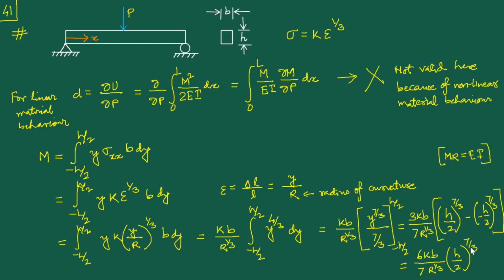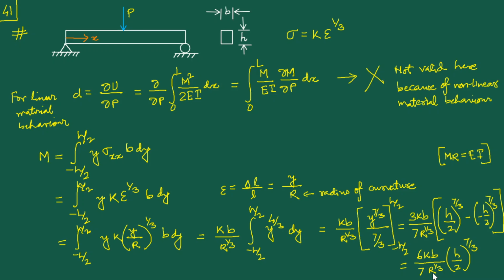Even though we have this horrible looking 7/3 power over here, this entire term is just a constant because h is also a geometrical constant, the height of the cross section, which is very much known. So what we have obtained through this integration is a connection between this M, the bending moment, and this R, the radius of curvature.